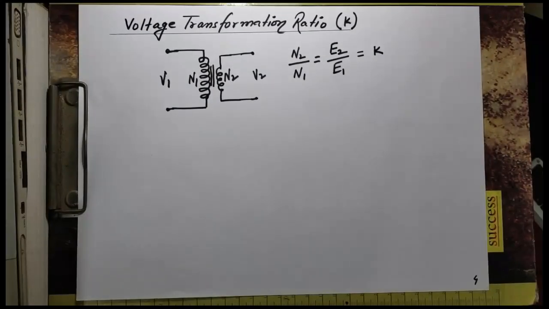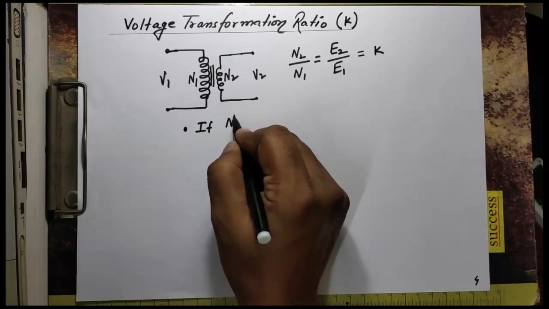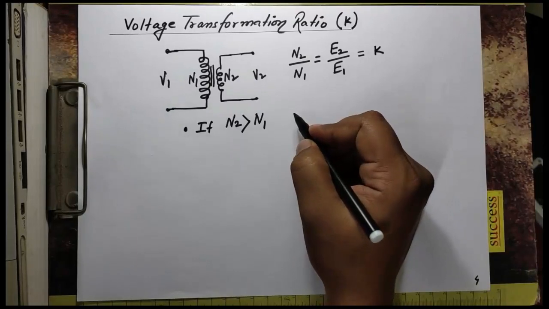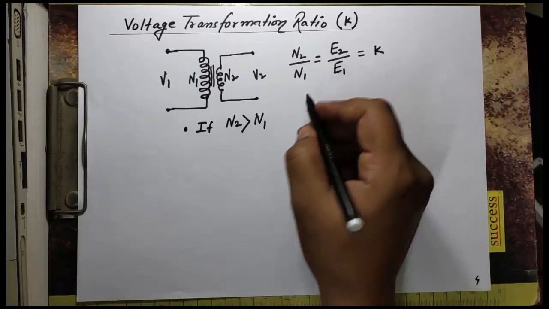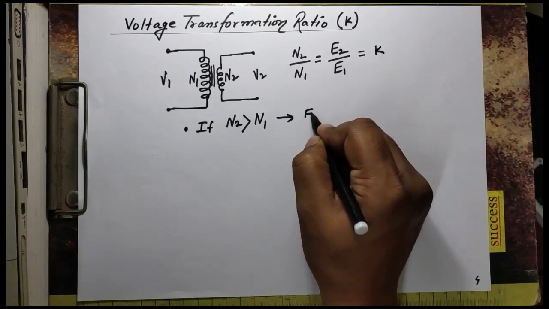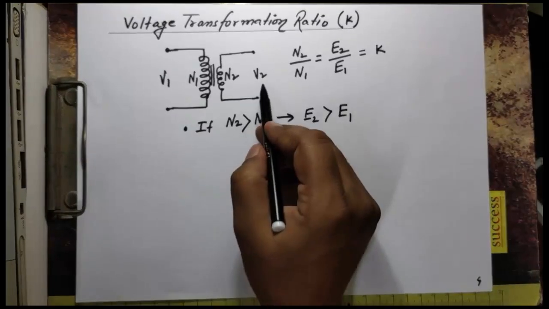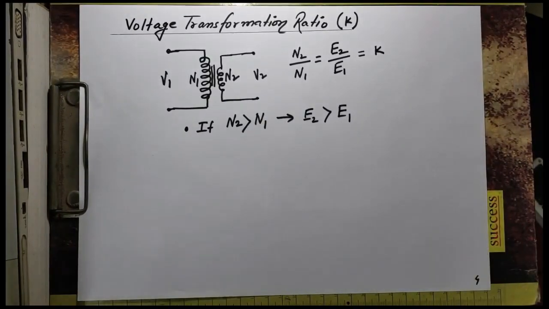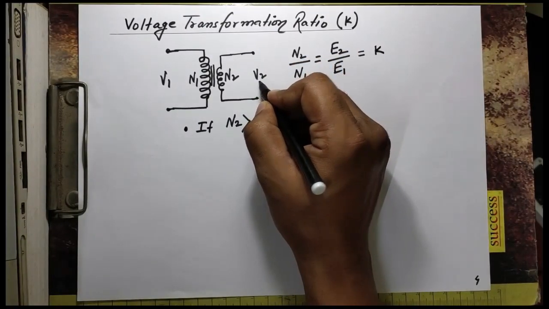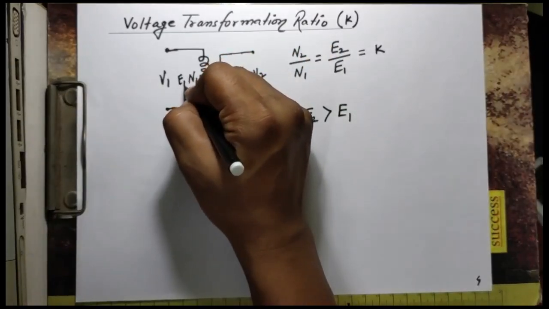Now see, first case: if N2 is greater than N1, what will happen? Then E2 will be greater than E1. It means the output voltage, which I am showing as V2, is greater. The EMF induced is E2 here and E1 there, as we have already done.